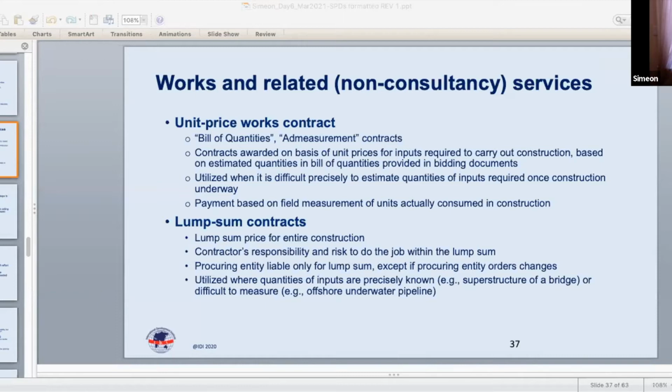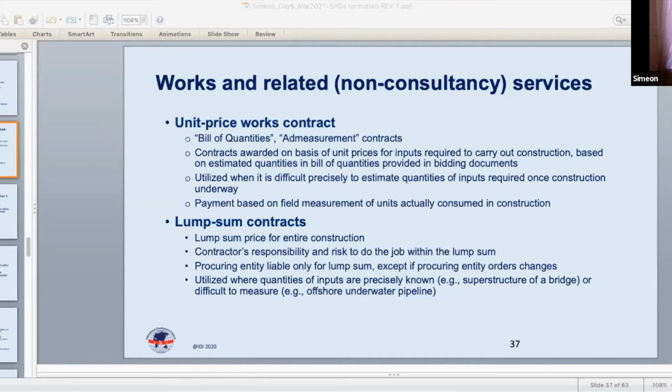For example, in a construction contract, the obligation of the procuring entity or the employer to give access to the site. Then there's the contractor's responsibilities for safety and security of the site. Those types of very important supporting obligations. Then there's the reporting requirements.